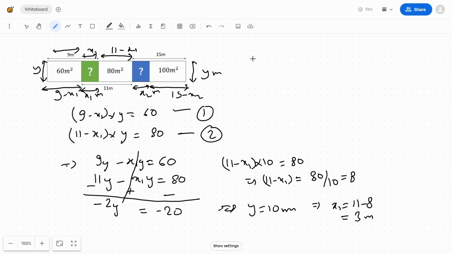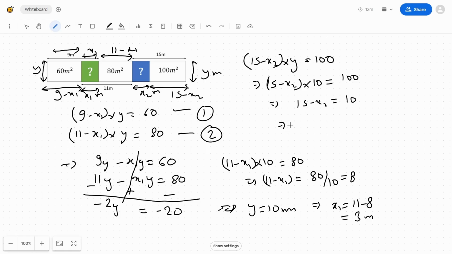Hence, we will get the expression as 15 minus x2 into y is equal to 100 and we know the value of y which is 10 meter. Hence, substitute it in this expression: 15 minus x2 into 10 is equal to 100. Hence, 15 minus x2 is equal to 10 and x2 is equal to 15 minus 10 is equal to 5 meter.